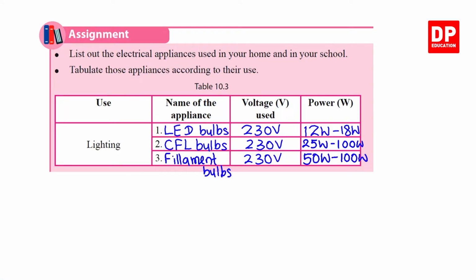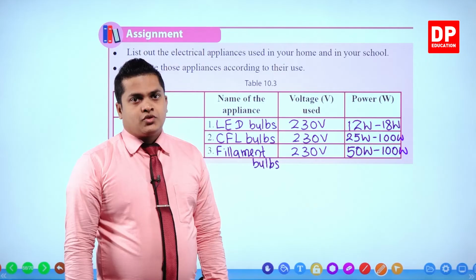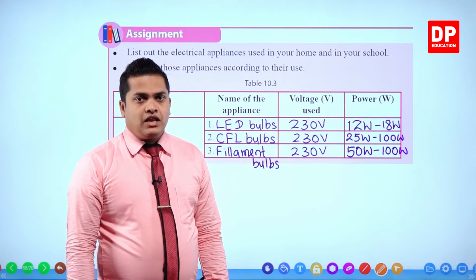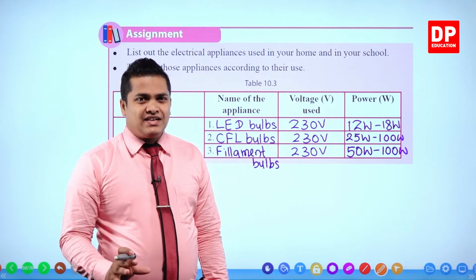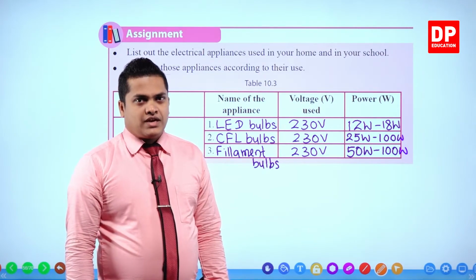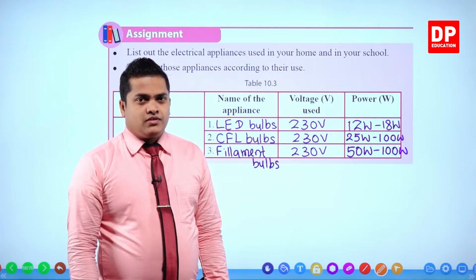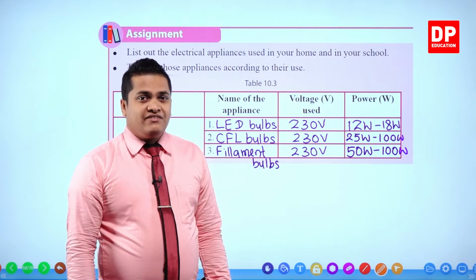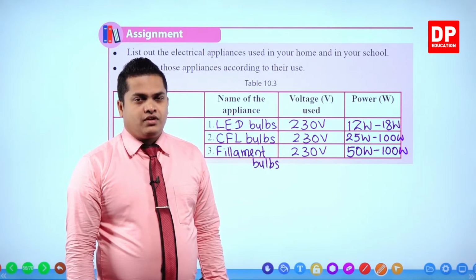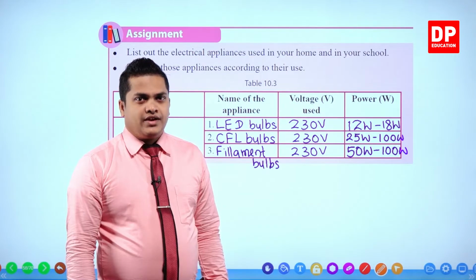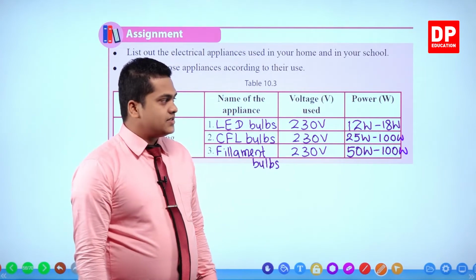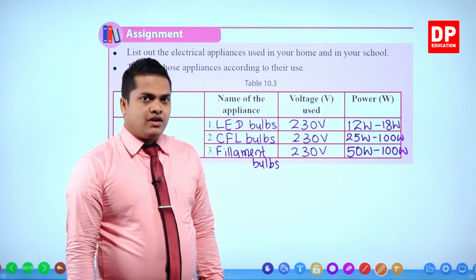Very little light energy is given. So in order to light up a room very well, you have to use at least a 75 watt filament bulb. In order to light up your living room, you have to use at least a 100 watt filament bulb. So that's the filament bulb, my dear children.